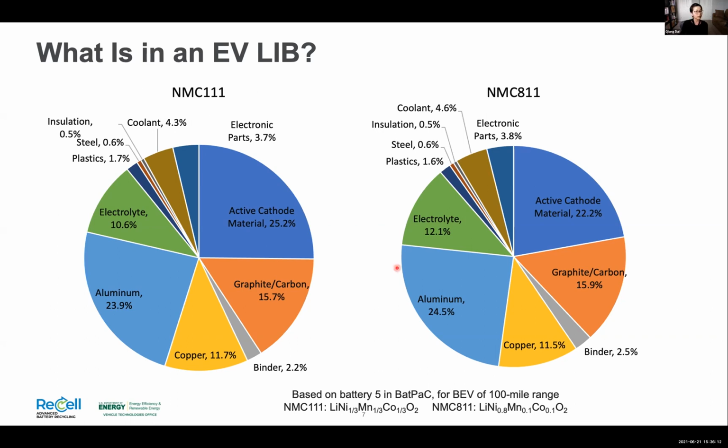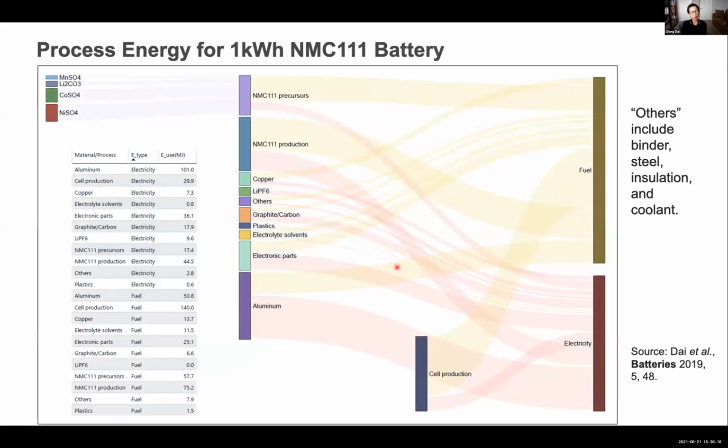So this is the material composition of an EV battery. However, if we want to know what it takes to produce a battery, it's a slightly different story.